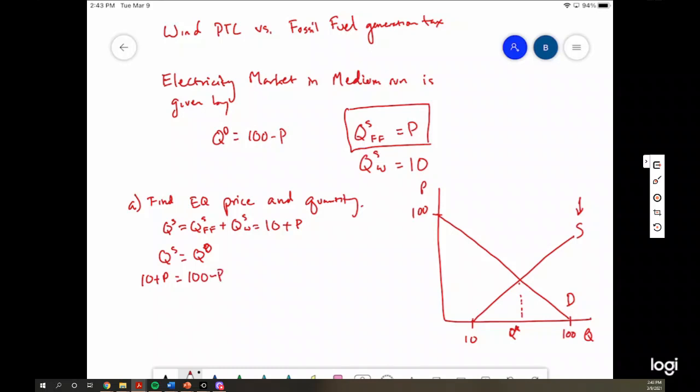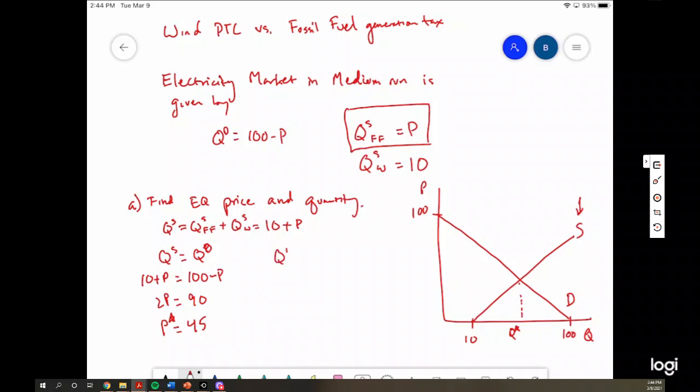So we'll get 2P equals 90, and therefore P equals 45. And we know that wind is producing 10, so let's look at the total quantity produced. At a price of 45, the quantity demanded is 55, right?